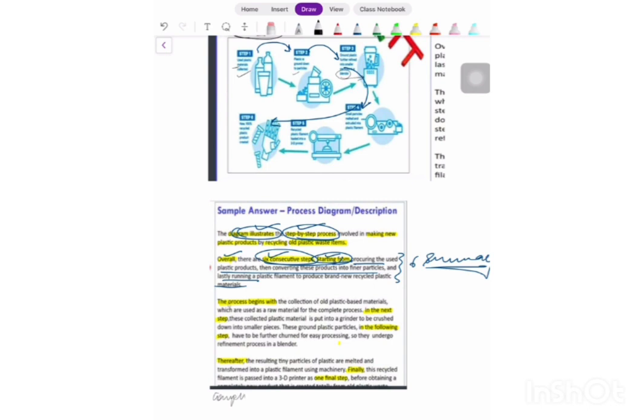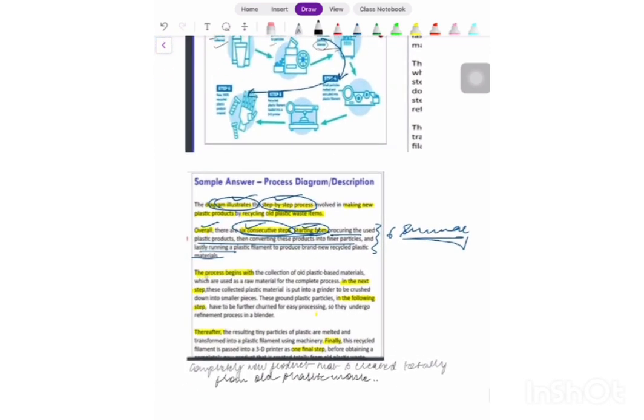Completely new product that is created totally from old plastic waste. So this is the process description.